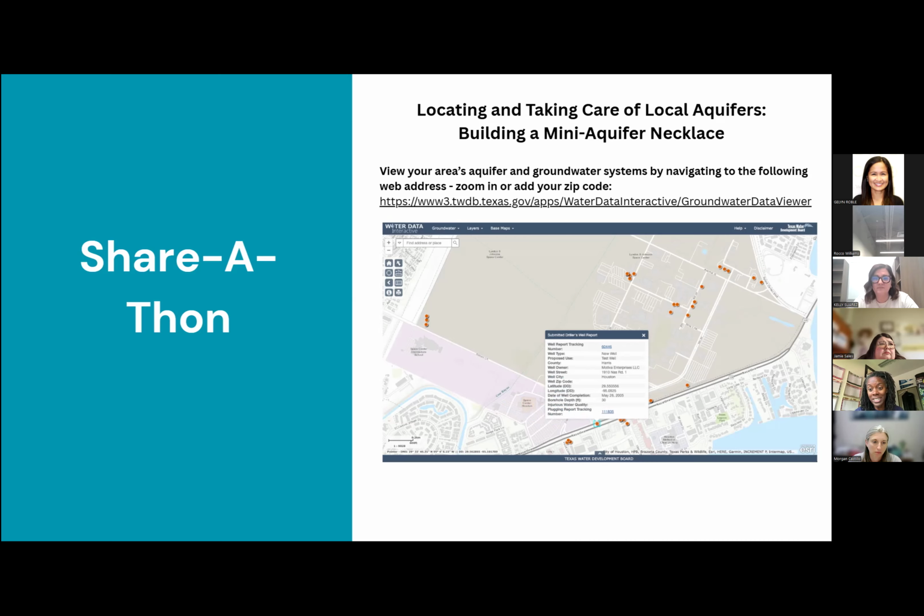What's really interesting is all of those little orange dots on the map are wells and aquifers in the area. People were very surprised about how near aquifers are to our very urban area. And Space Center Houston is really close to Kemah, which is a large waterway. So there are conversations about how long it takes for aquifers to fill up and stay filled.